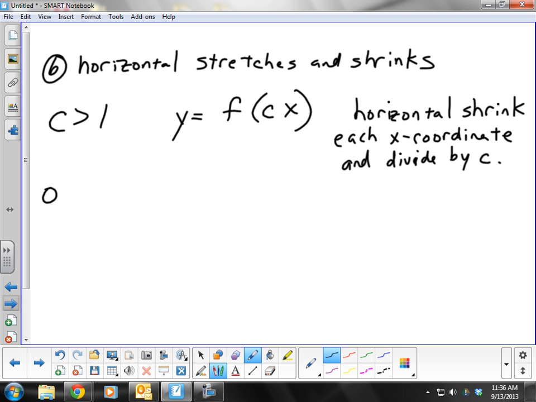Now, when c is between 0 and 1, and I do this to it, then I'm still dividing, but I'm dividing by a fraction, which is like multiplying by its reciprocal. So it's actually going to increase the x value. So it's a horizontal stretch.